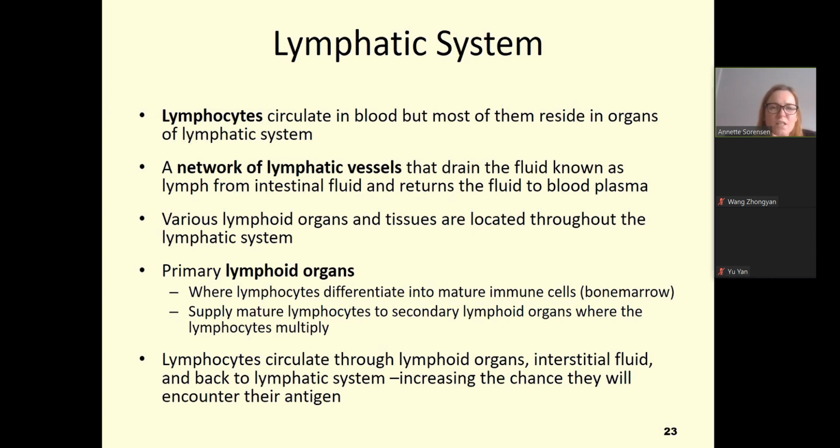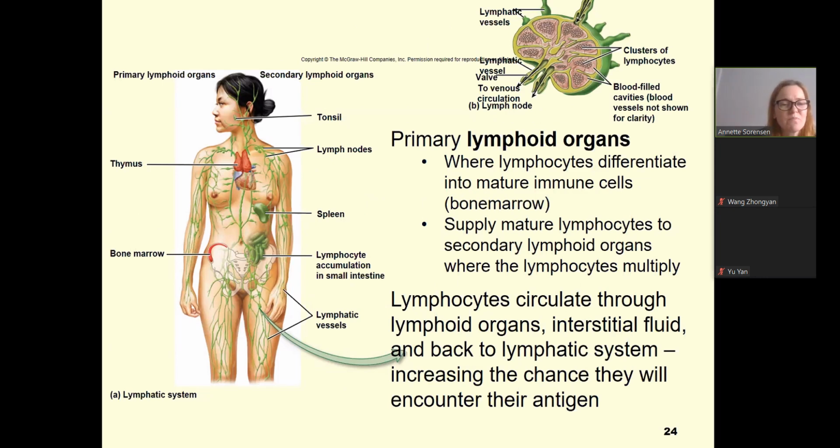So these lymphocytes circulate through these lymphoid organs, interstitial fluid, and then back to the lymphatic system, continuously circulating that system. It obviously increases the chance of encountering any pathogens. If you look at the figure here, you can see in red the primary lymphoid organs, the bone marrow. Most of these are really made in the bone marrow. They differentiate in the bone marrow, in here.